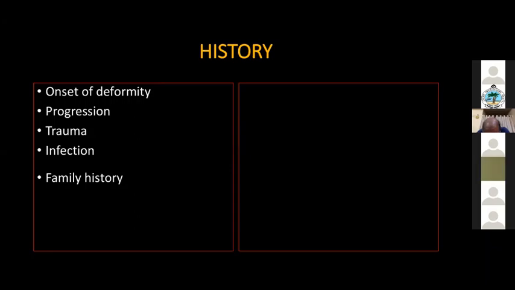Skeletal dysplasias, storage disorders. At least you have to say bone dysplasia and familial types of rickets, isn't it? Hereditary rickets, familial hypophosphatemic rickets. So these are bone dysplasias and familial rickets, the two things you have to ask for.